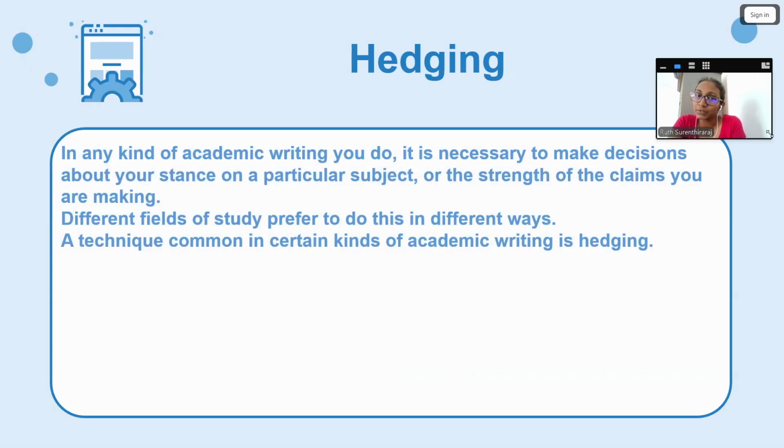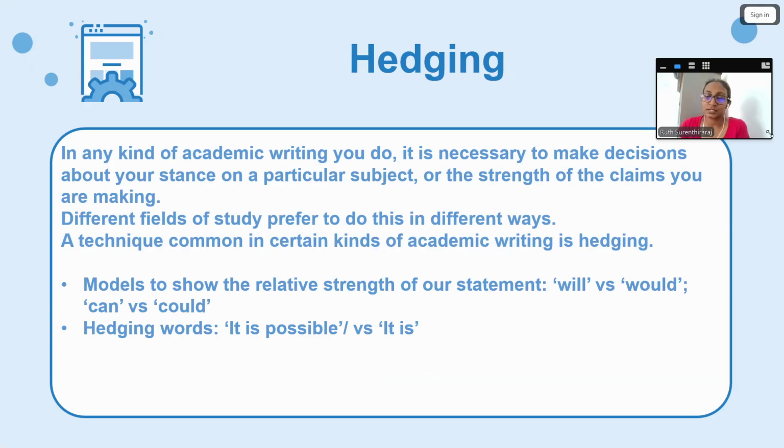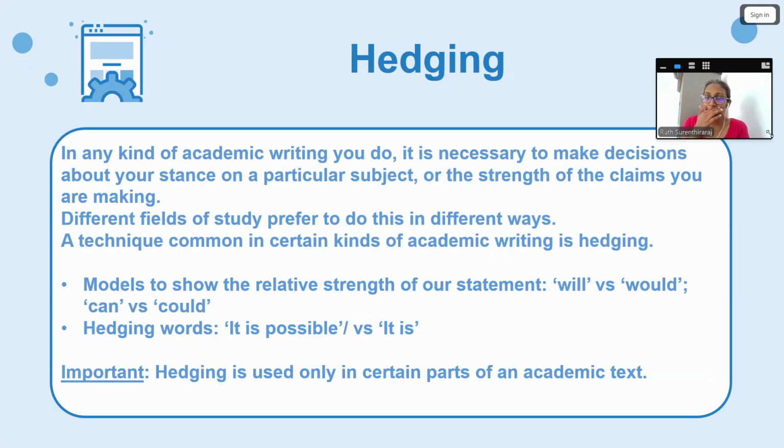But you will realize that when you talk about hedging, we use it primarily when we are trying to draw any kind of conclusion, or when we want to make a claim, because we know that research is always changing.